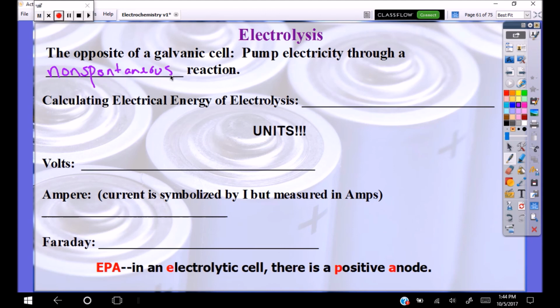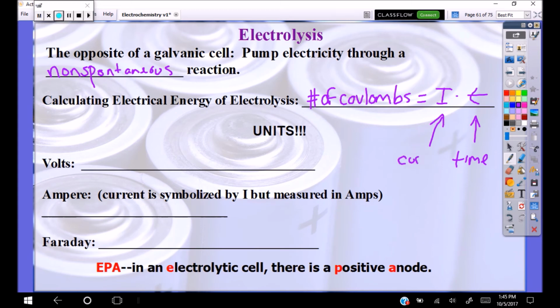The equation we're going to be using for calculating electrical energy of electrolysis is the number of coulombs of charge, and it's equal to I times T. T is your time, and I we use for our current.